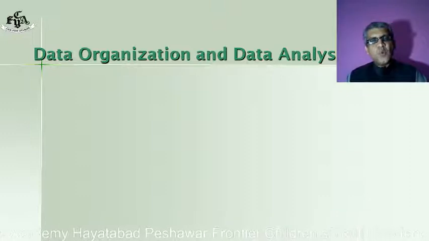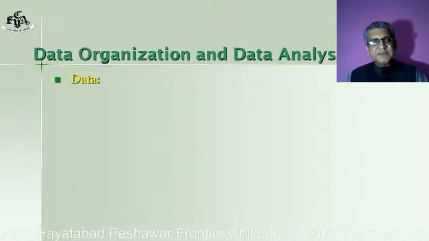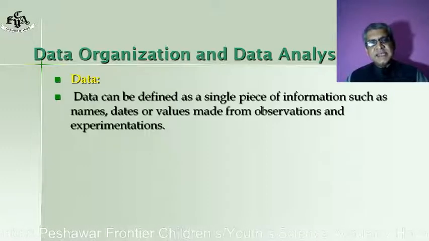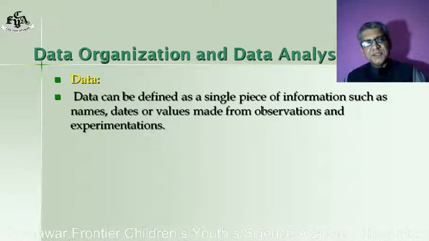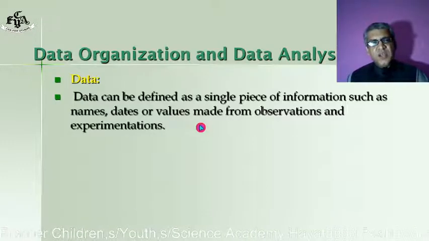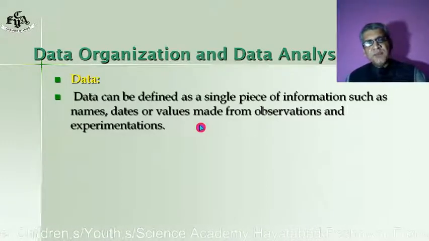First of all, what is data? Data is a single piece of information such as names, dates or values, that is made from observation and experimentation. So that will be called data.